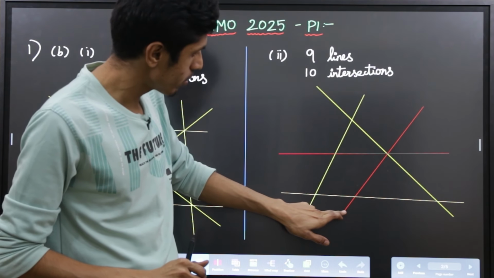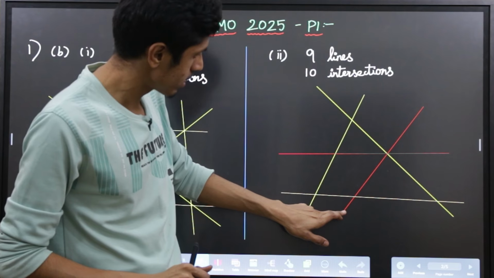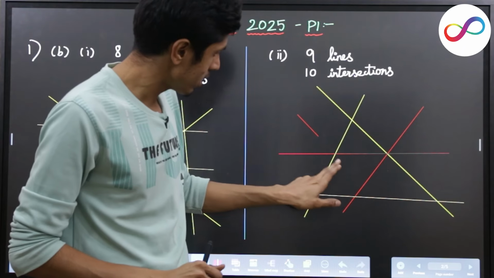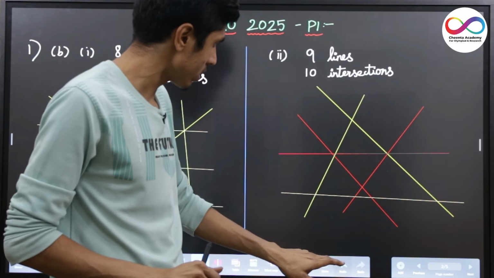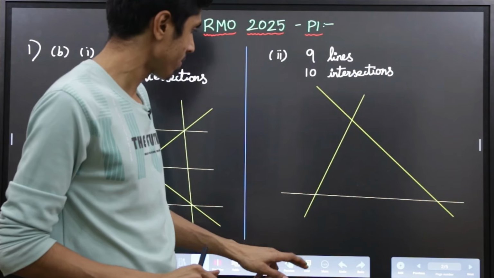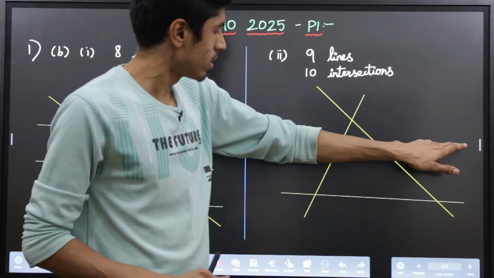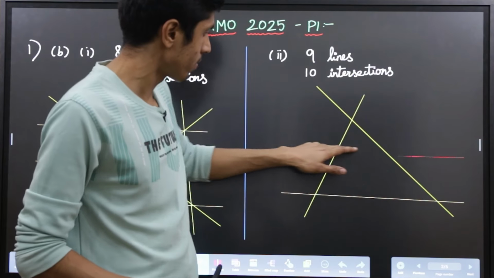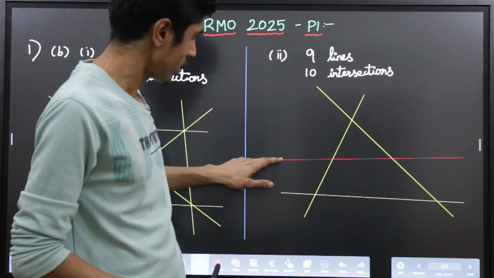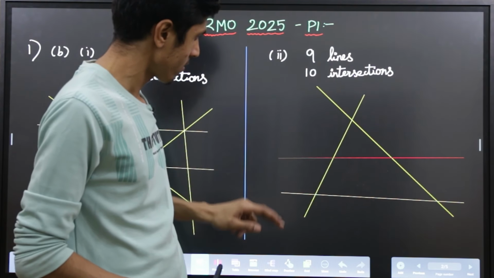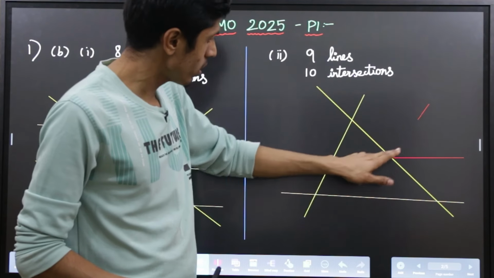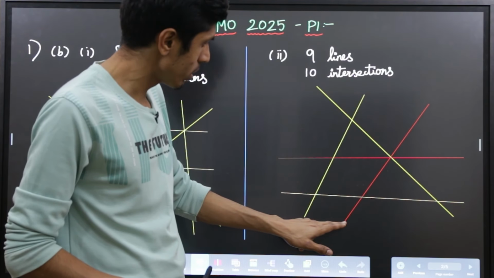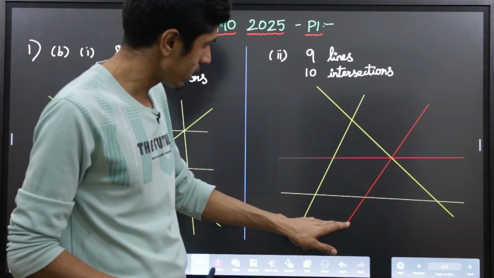So one through this midpoint and the other like this, and another like, okay, 1 second. And the second one passing through this midpoint and the midpoint of the base, like this.